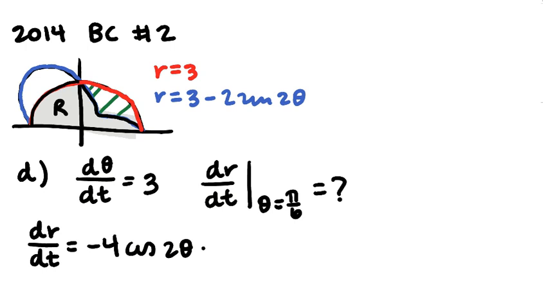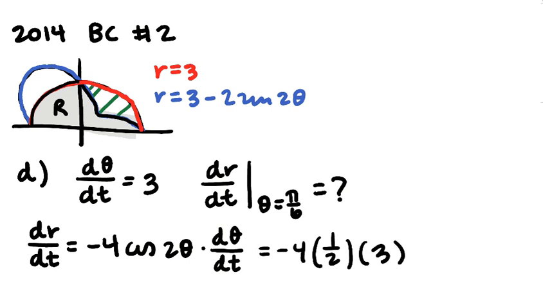The derivative of the inside. Yeah, d theta dt. Right, they said that d theta dt is always 3. So at pi over 6, that's negative 4 cosine of pi over 3 times d theta dt. And that's how you do it.